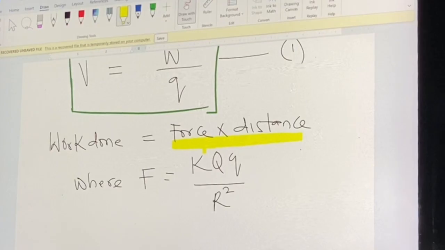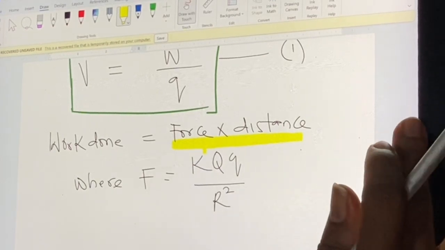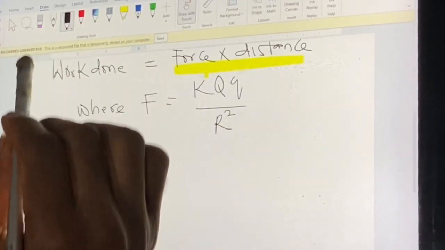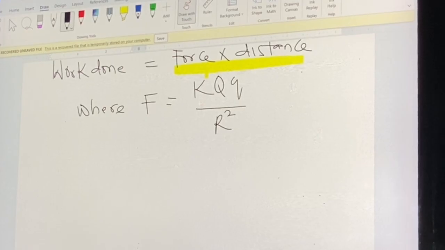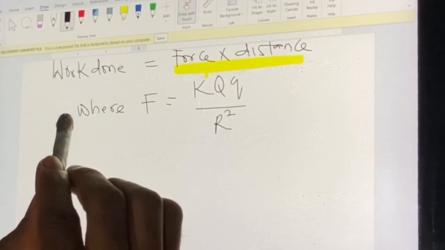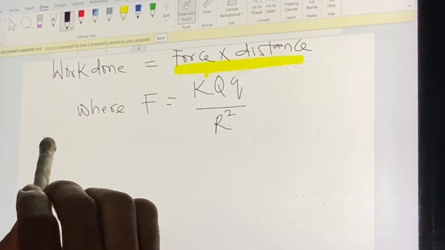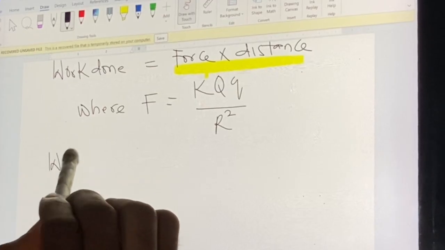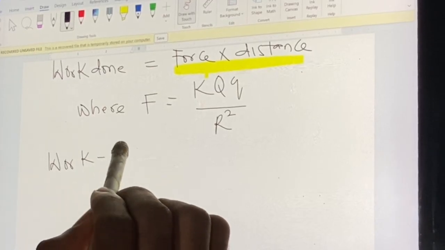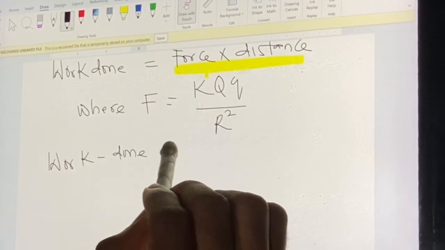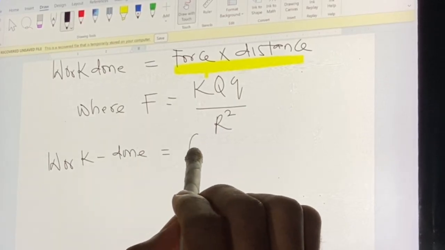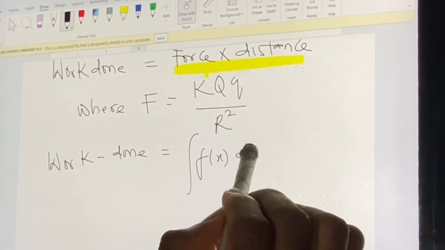But whenever the parameters for work done are expressed in variables, if force is expressed in letters, the work done will be equal to the integral of f of s ds.